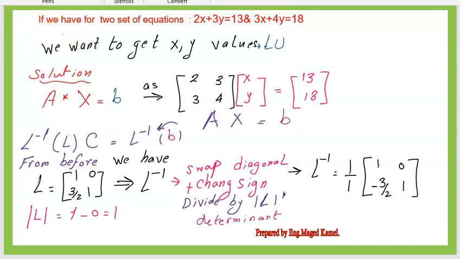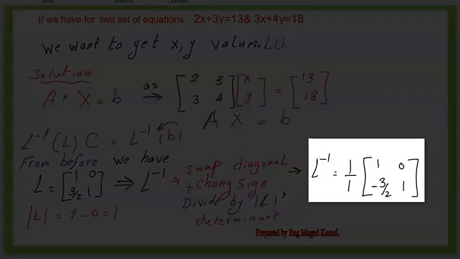Then its inverse L minus 1 we can estimate after getting the determinant value of L, which is 1 minus 0 equal to 1. We divide the adjoint matrix by the determinant value. We will swap and make a change of sign, so 3 over 2 will be changed to minus 3 over 2, and the 0 will be the same.